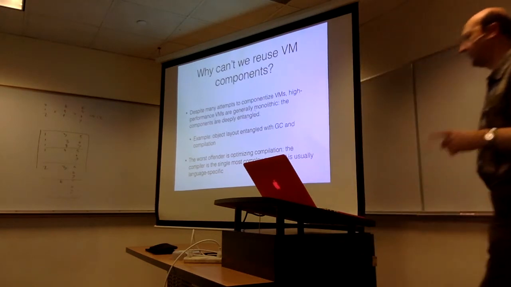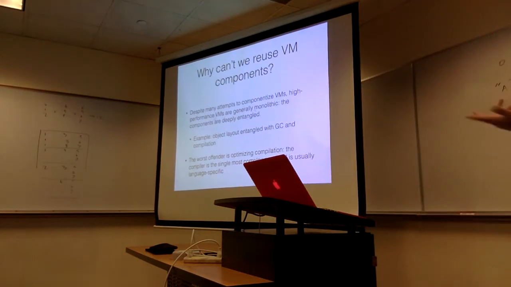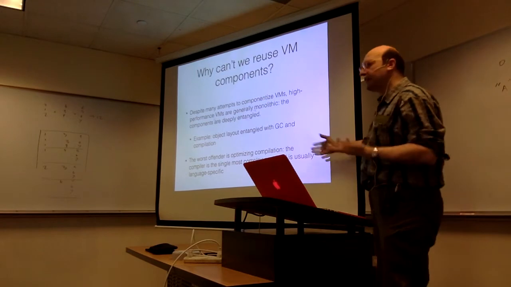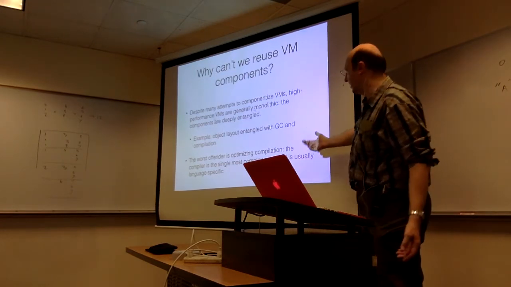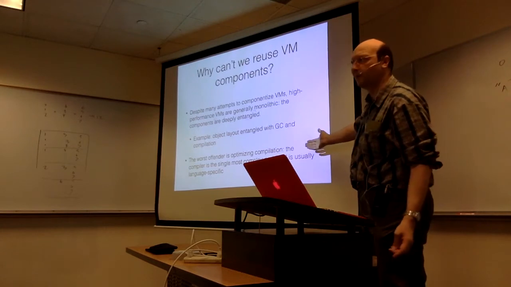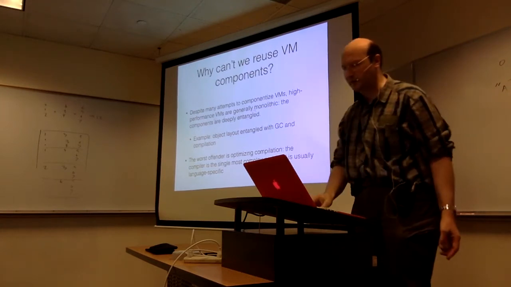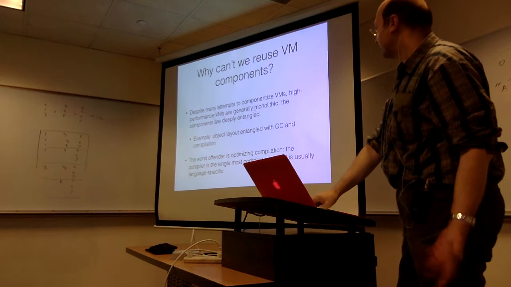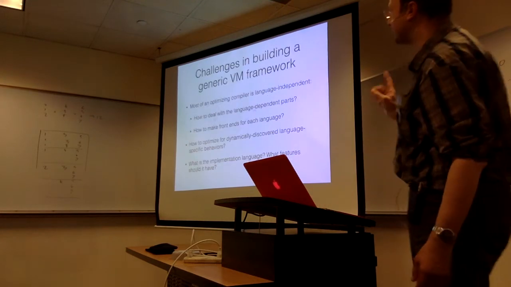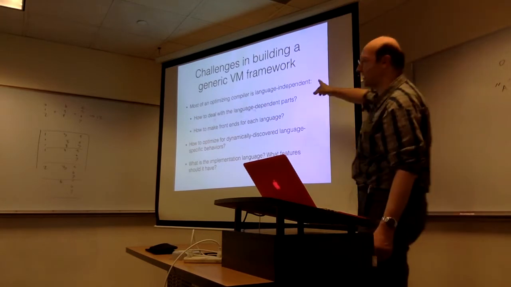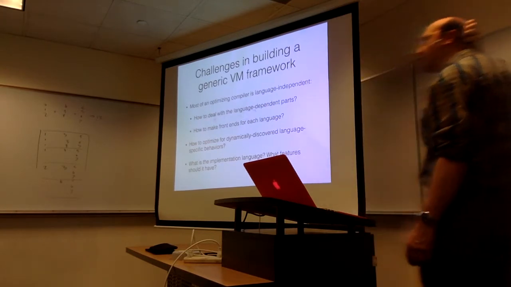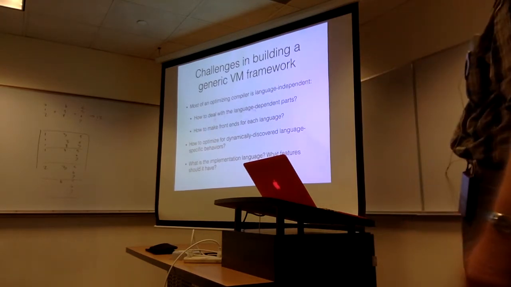Optimizing compilation is really interesting because that tends to be the single most complex part of the VM. An optimizing compiler is ferociously complex, even compared to the GCs that we've seen. And they tend to be very language specific. But the funny part is that most of an optimizing compiler isn't language specific. Most of what's on the inside is actually fairly language independent.